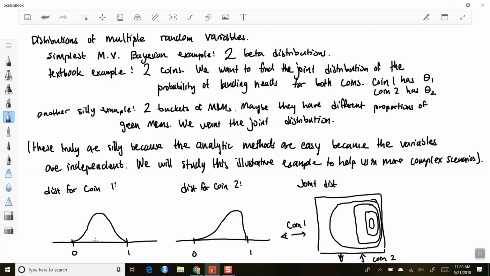It's easy in this context. So theta 1 comes from here, and theta 2 comes from there, and then the coordinates theta 1, theta 2 come from this joint distribution. All right, is this okay? Questions before I move on?